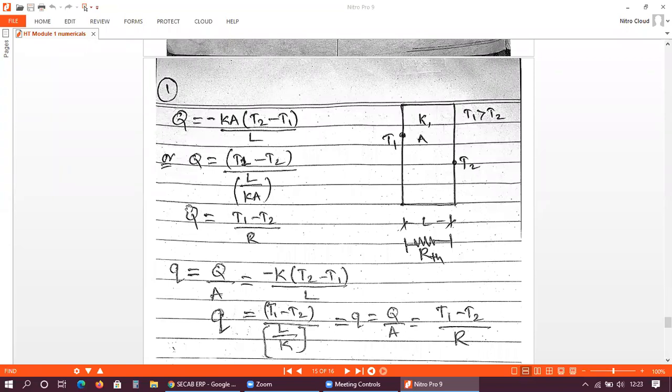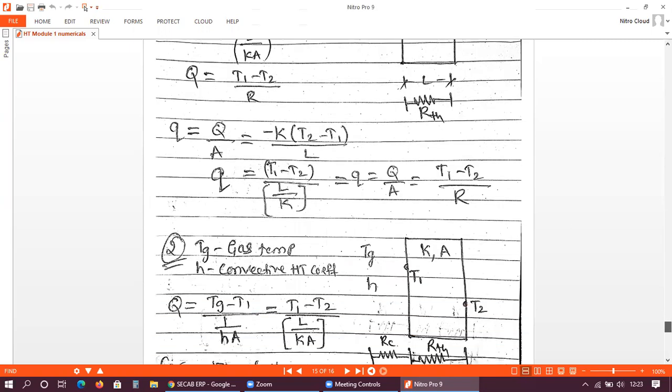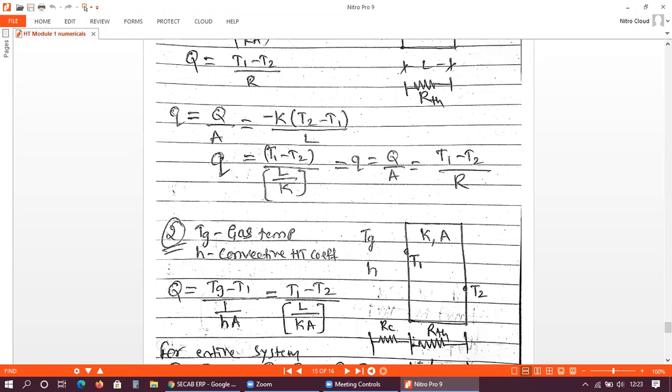So this is the equation for the rate of heat transfer. You can see here capital Q, the rate of heat transfer, or heat transfer. One more term we use for this is rate of heat loss, which is also the same capital Q. There is one more term, small q, which we call heat flux.